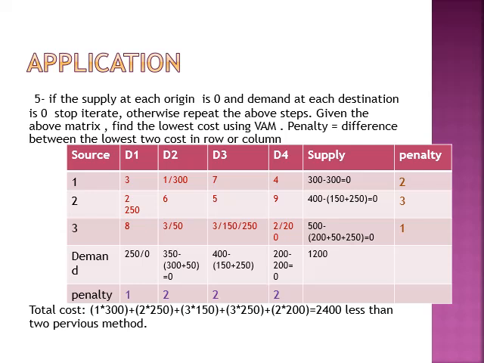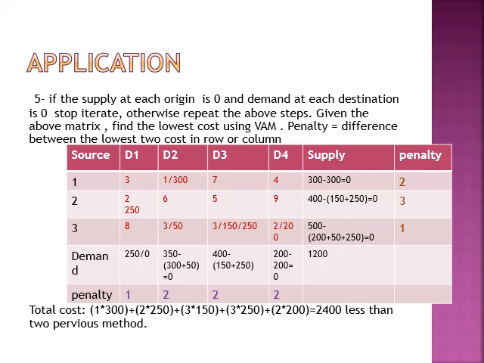Now check the highest penalty regardless of its place. The highest penalty is 3, and it is in row 2.